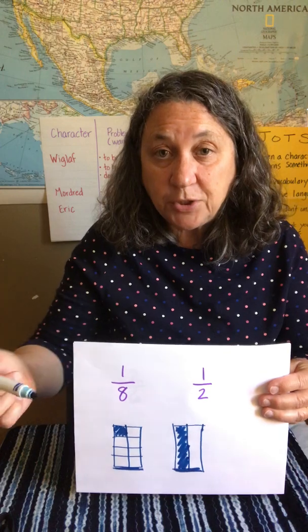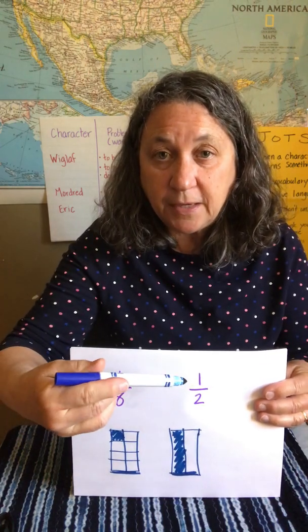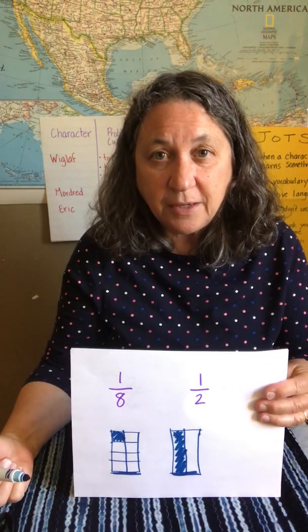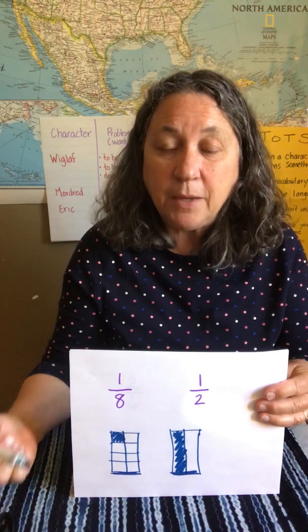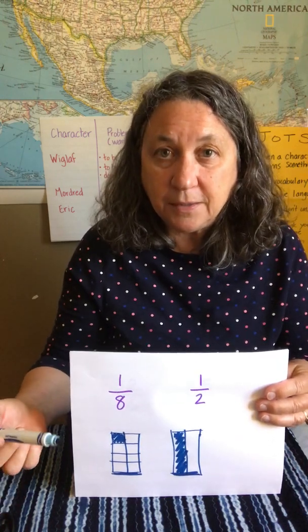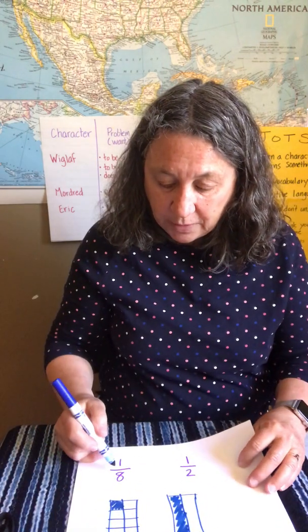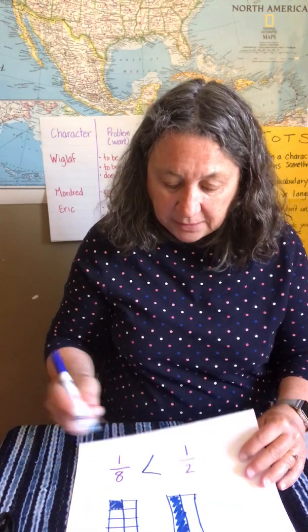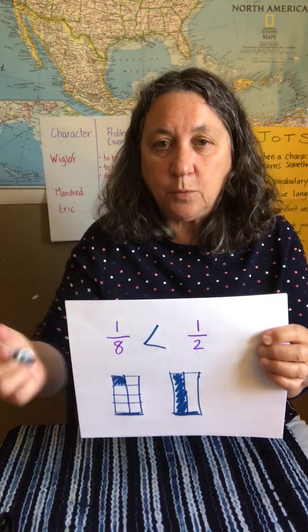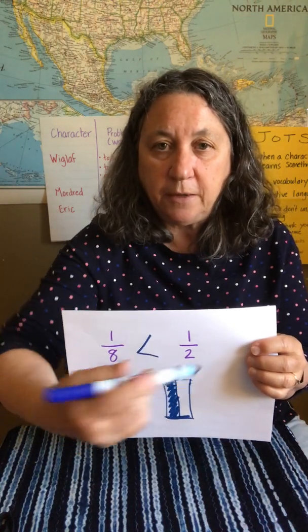So the strategy is, if they're unit fractions, it's pretty easy to compare them, because 1 out of 8 is a lot smaller than 1 out of 2. So we would write 1/8 is less than 1/2.